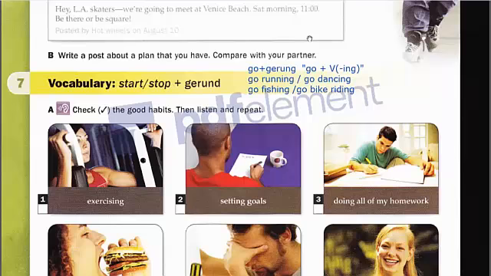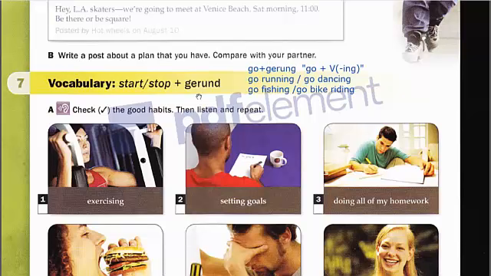Okay, my friends. Now, I would like you to write some sentences using this structure: start plus gerund, stop plus gerund. But before we continue talking about these structures, plus gerund, you're going to watch a video.